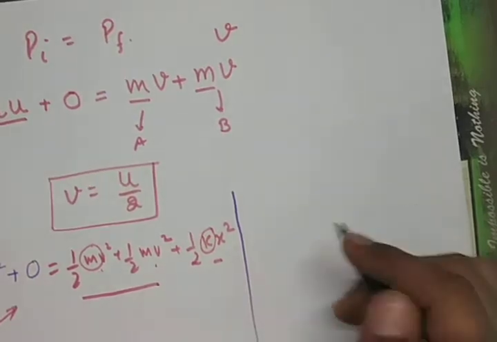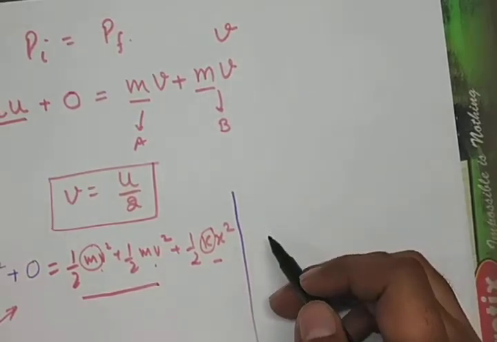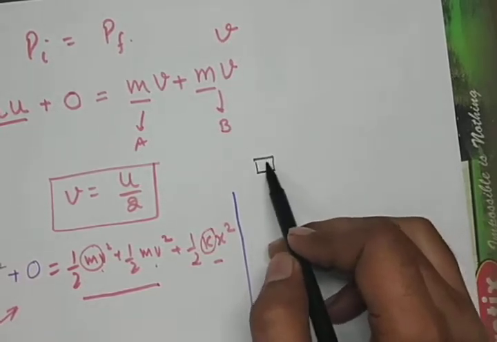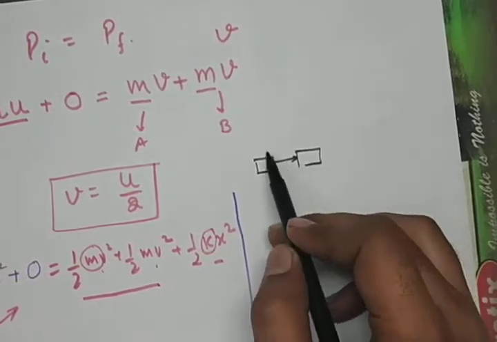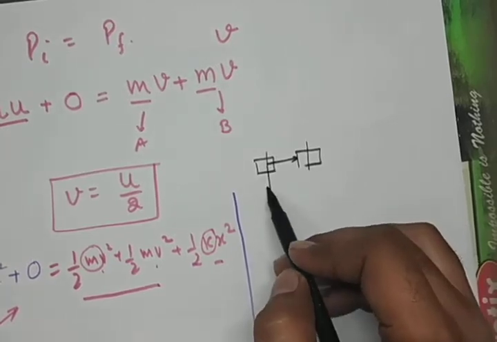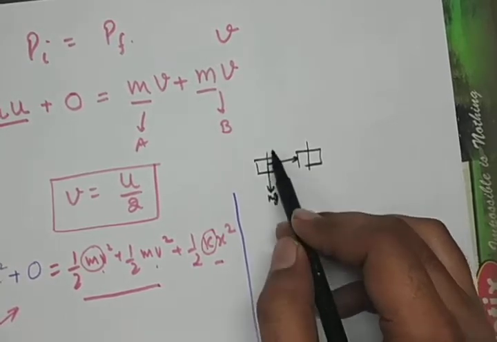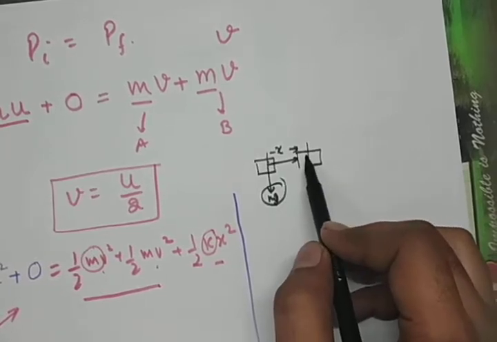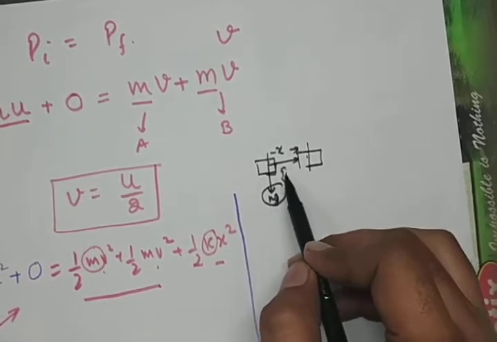What was it? Net work done will be 0 for the block or wagon, as the weight is this and the distance moved is x; for that the work done will be 0, as the angle between them is 90 degrees.